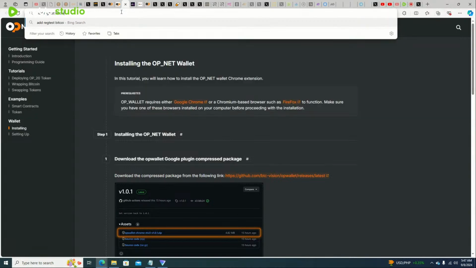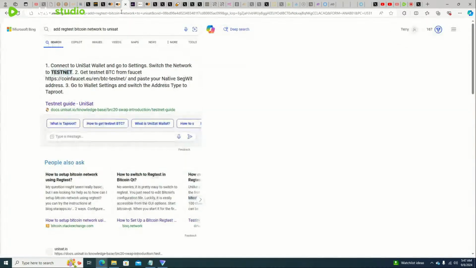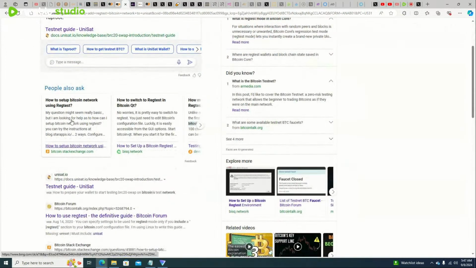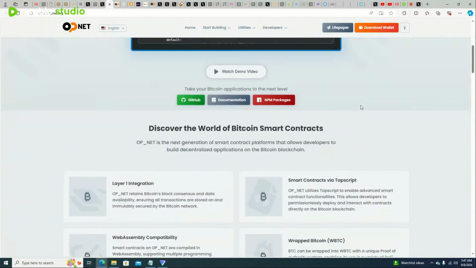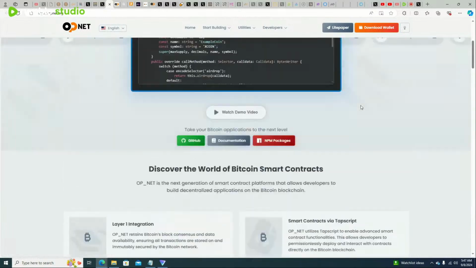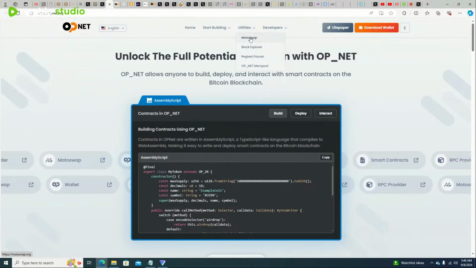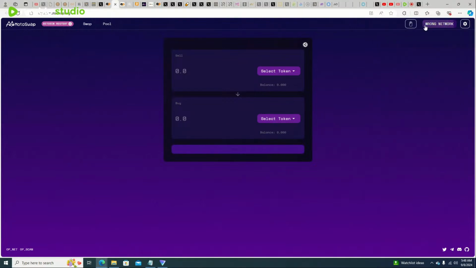Regtest Bitcoin network to Unisat. And MotoSwap doesn't have the capacity of changing the network.